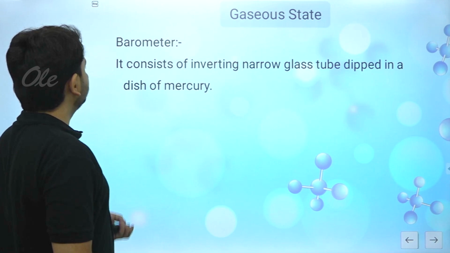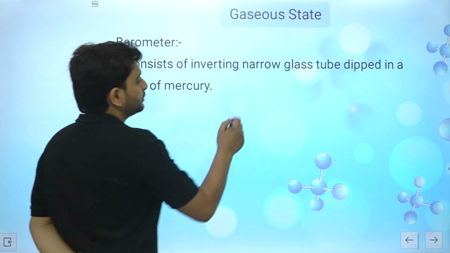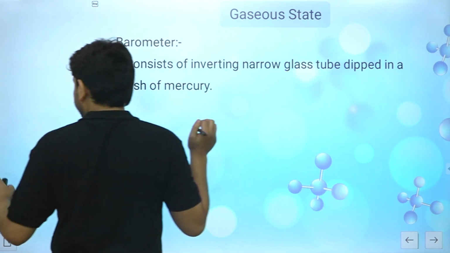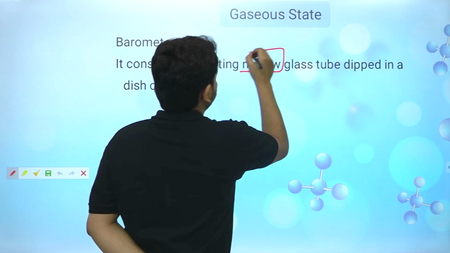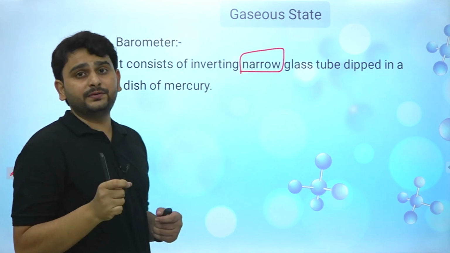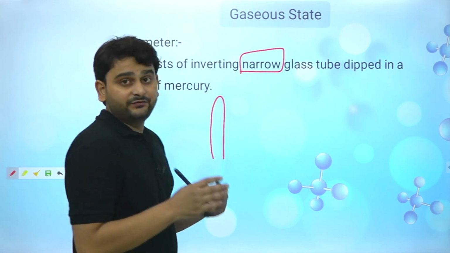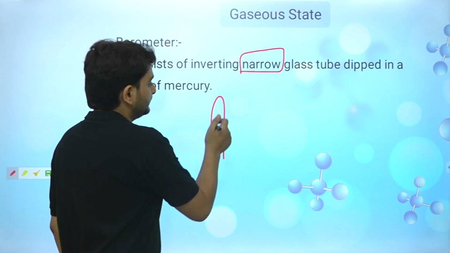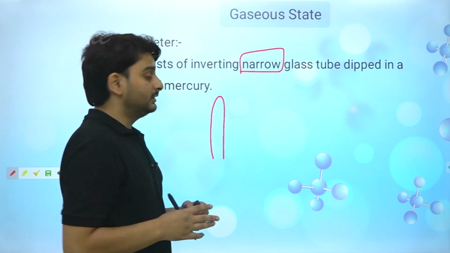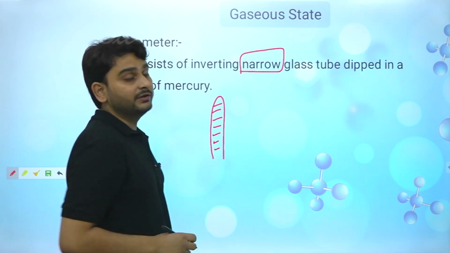So as we've seen, a barometer consists of inverting a narrow glass tube. This point is very, very important. The glass tube is narrow, a narrow capillary tube. Because if it was too wide, it will not be able to rise up to the specified benchmark, so our measurements will not be correct.